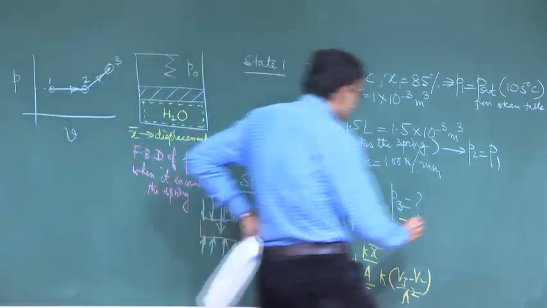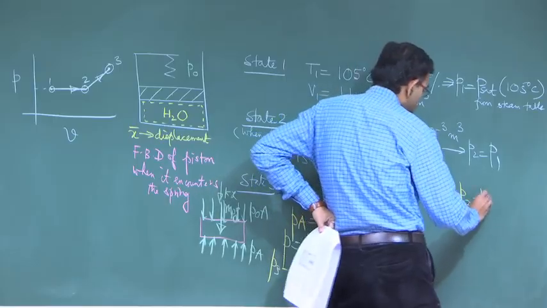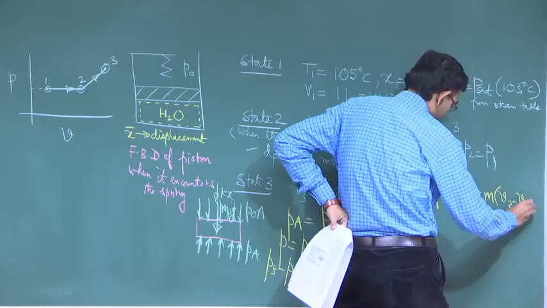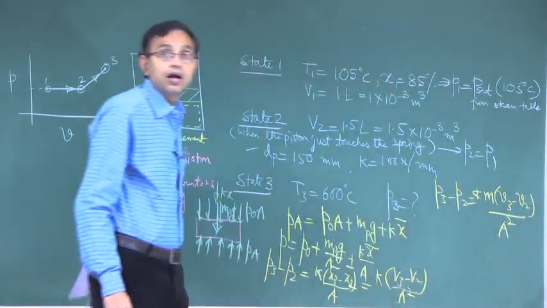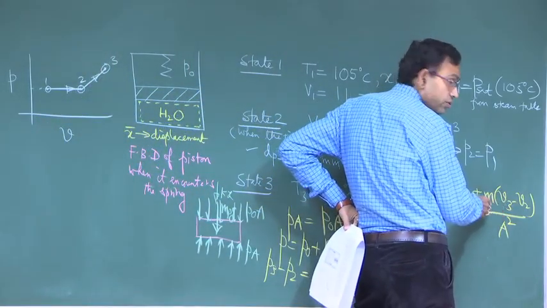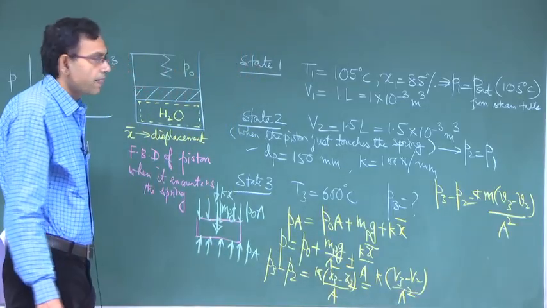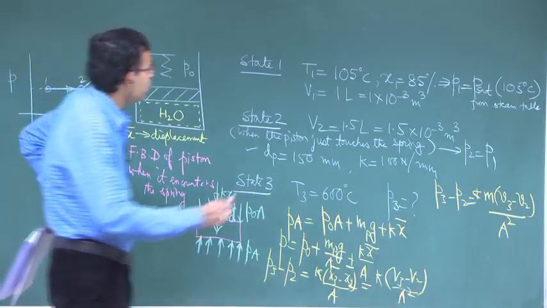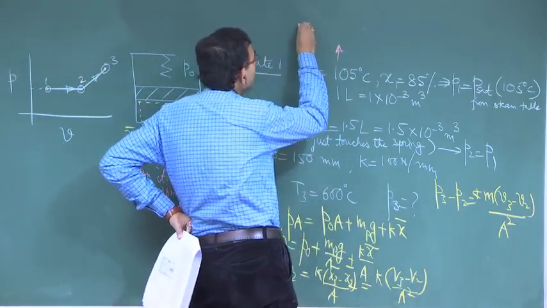To sum it up, we can write P3 minus P2 is equal to K into m into (v3 minus v2) by A squared, because capital V, the total volume, is specific volume into mass. How do you get the mass? See, at state point 1, you look at the state point 1. So, what is V1?